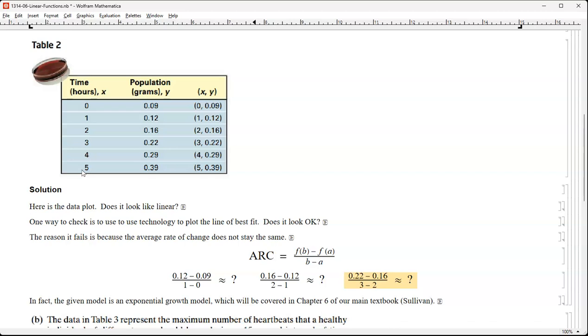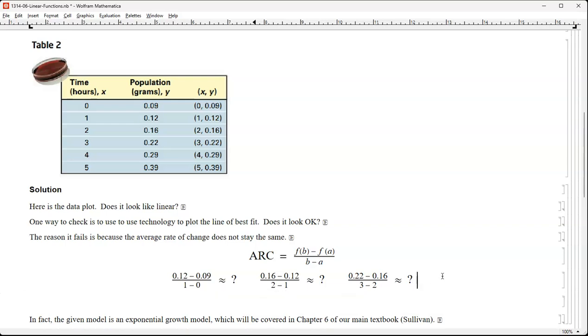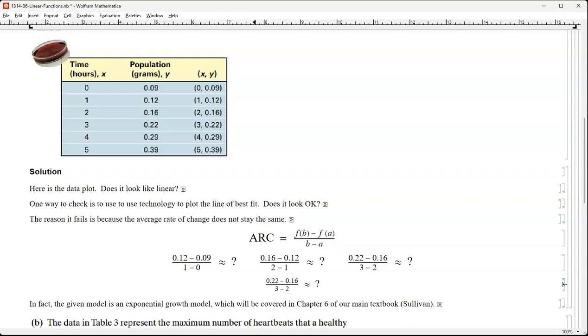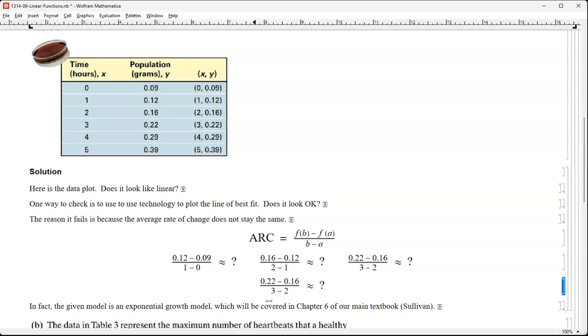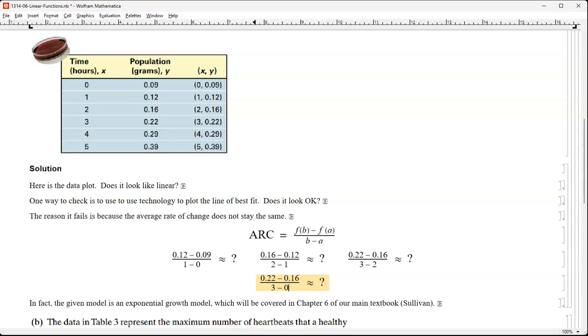That's not all. For example, if you want to do 0 to 3, in that case, we can do something like this. You don't always have to have a 1 hour time frame.